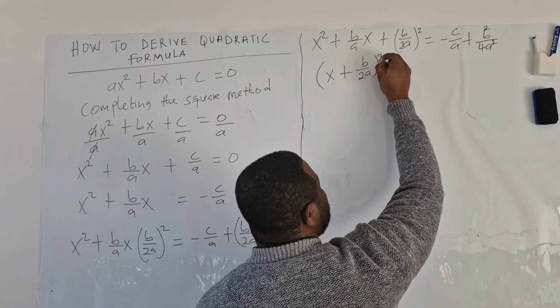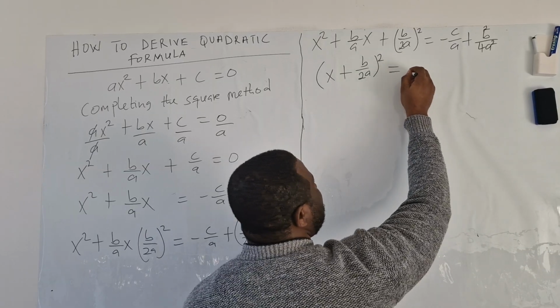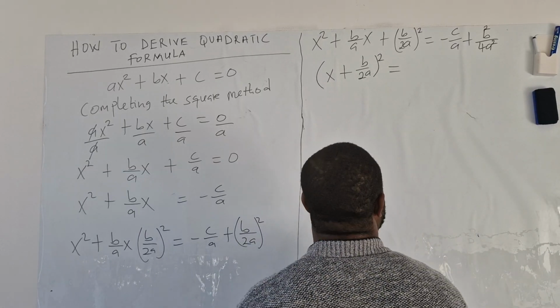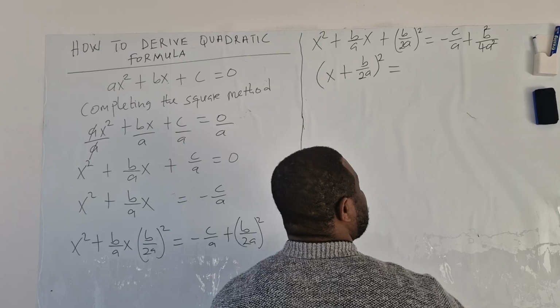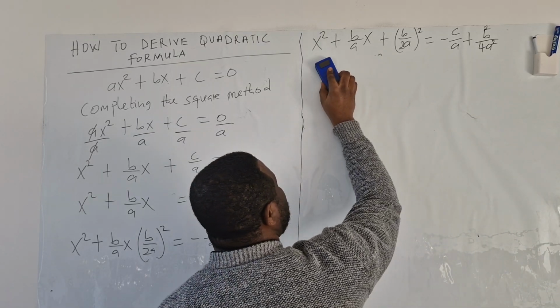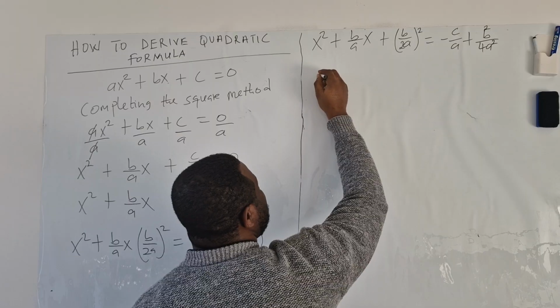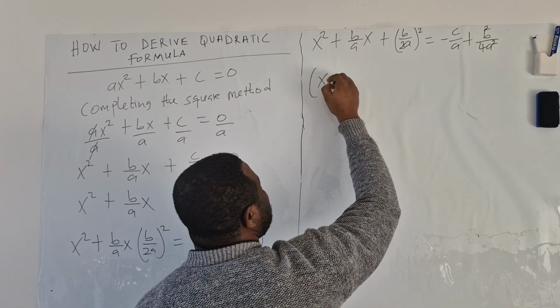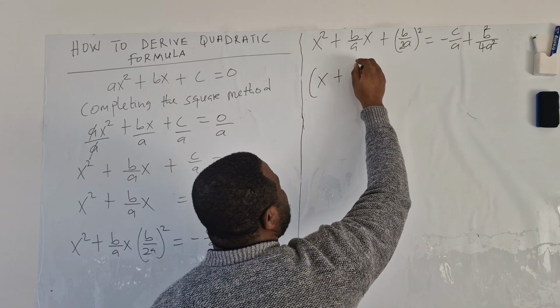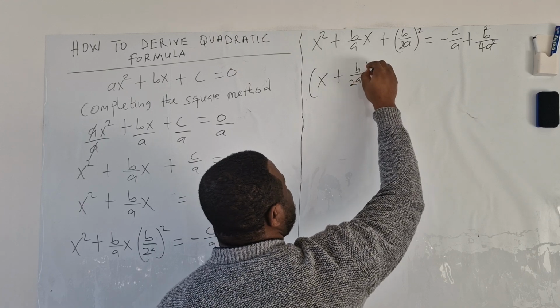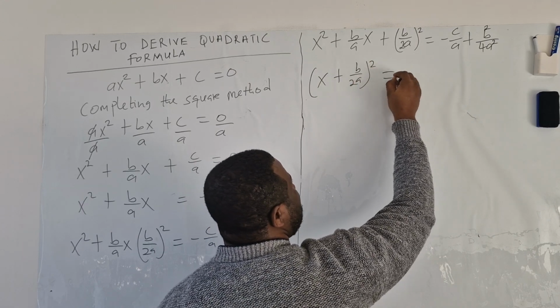So this whole thing, we square it. Is equal to, open a bracket, x plus b on 2a all squared is equal to.